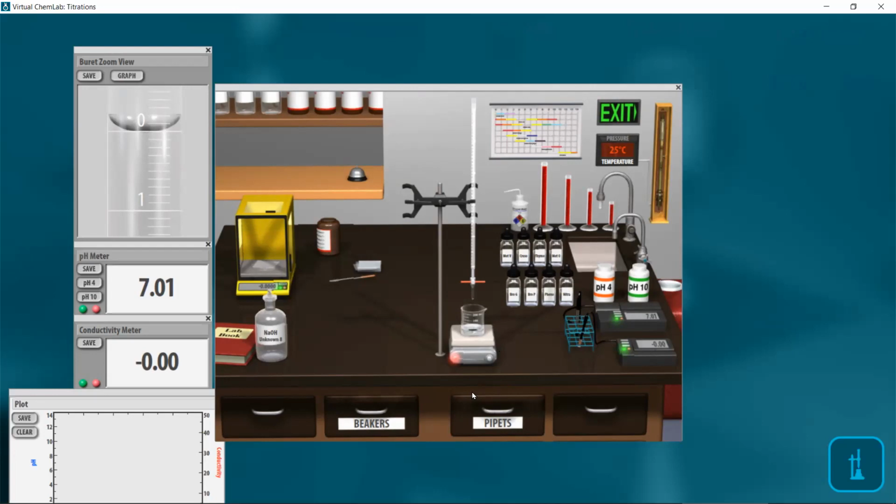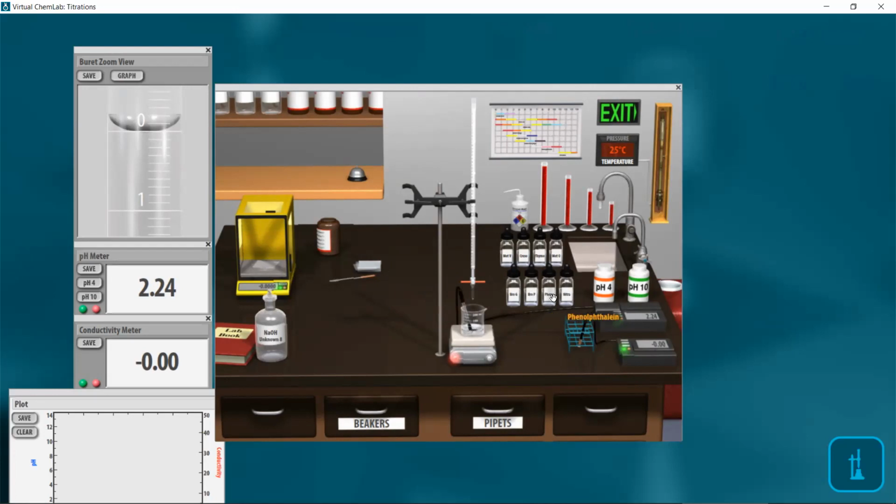Now, over here, which is useful, see where it says pH probe? The other one says conductivity. Click on the pH probe and bring it. This is sometimes tricky. And put it in there. Now, of all the lab, what I'm going to do next is the hardest part.